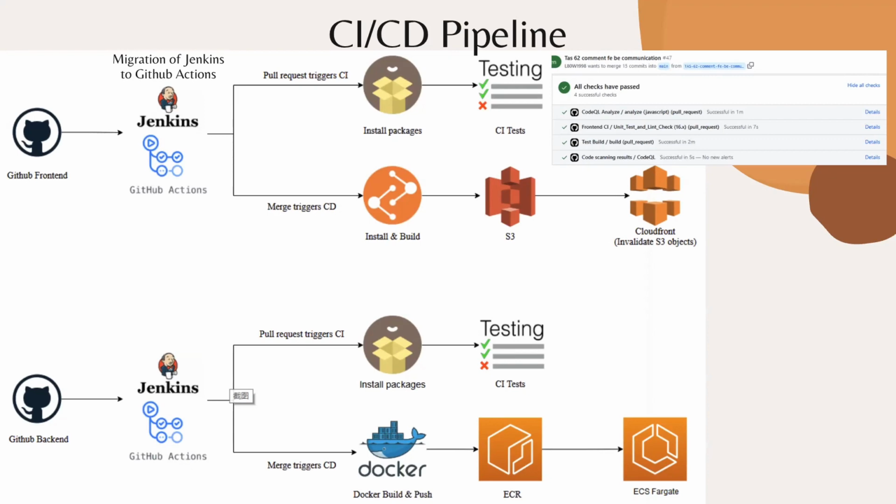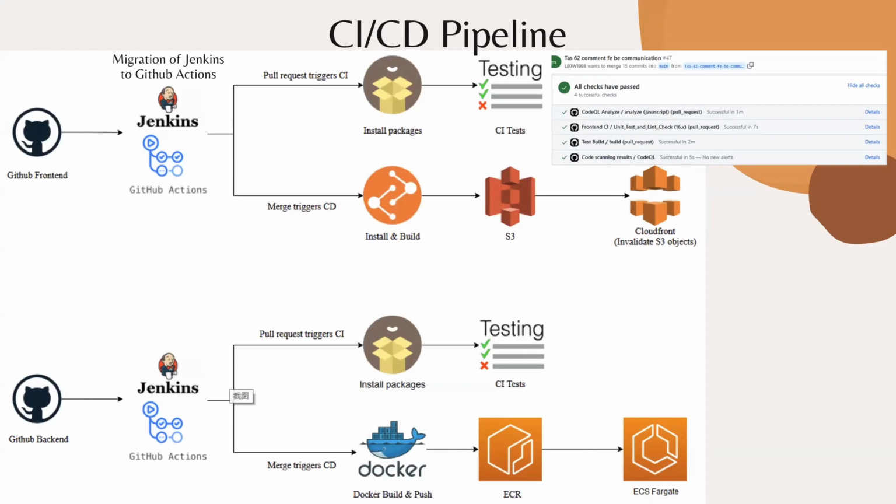After investigation of GitHub Actions, we successfully decreased operation cost by migrating from Jenkins to GitHub Actions. In the front end, a pull request triggers the CI workflow to install packages and perform required tests, and CodeQL analyzes code vulnerabilities.